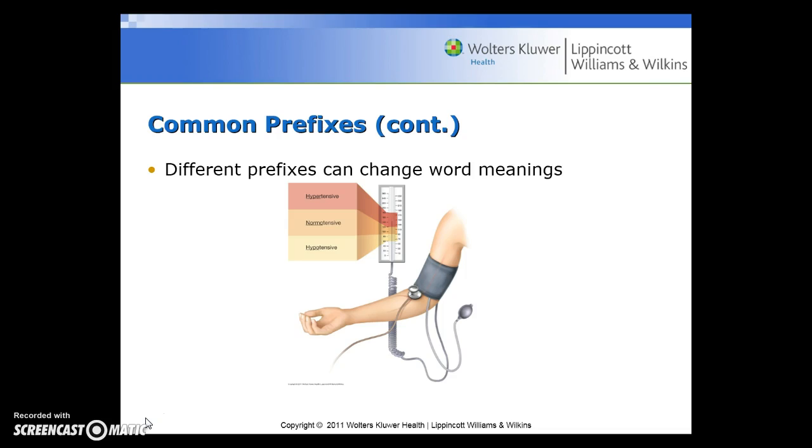So normotensive here, normal is meaning the blood pressure within the normal range. Hypotensive, meaning a lower blood pressure, and hypertensive, meaning an elevated or above normal blood pressure.